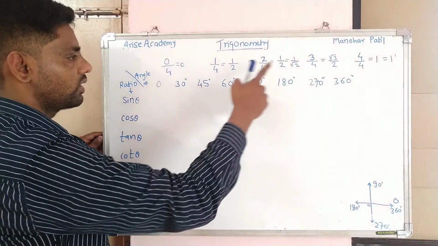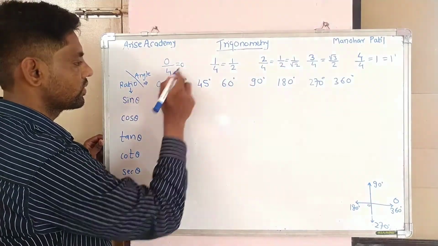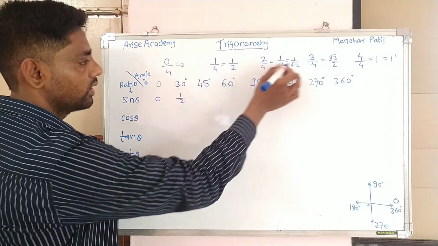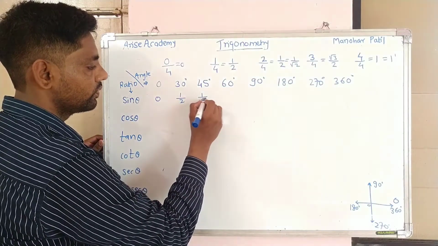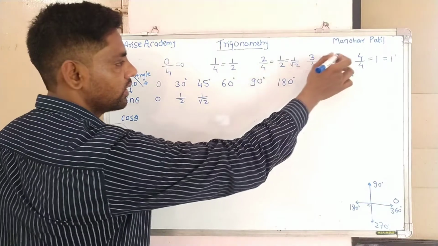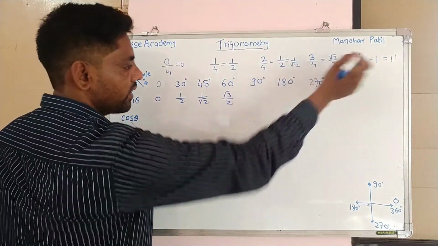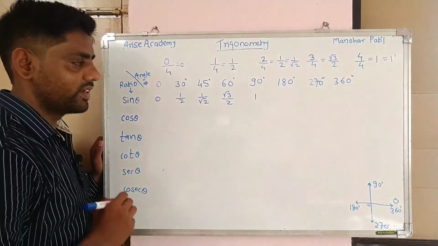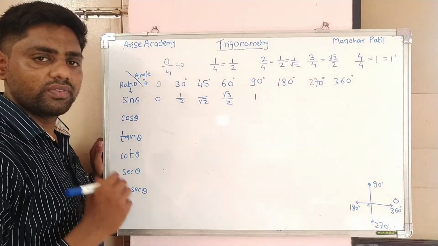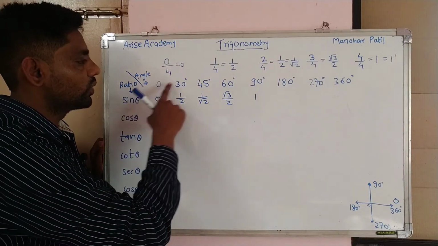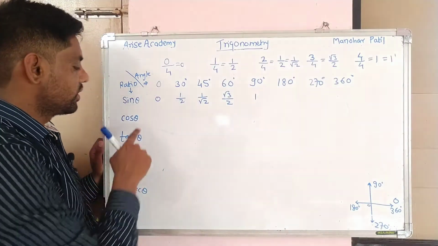So write down all the values for sin theta: 0, 1 by 2 for 30 degrees, 1 upon root 2 for 45 degrees, root 3 by 2 for 60 degrees and 1 for 90 degrees. In such a way you can find the values of sin theta for 0 to 90 degrees.